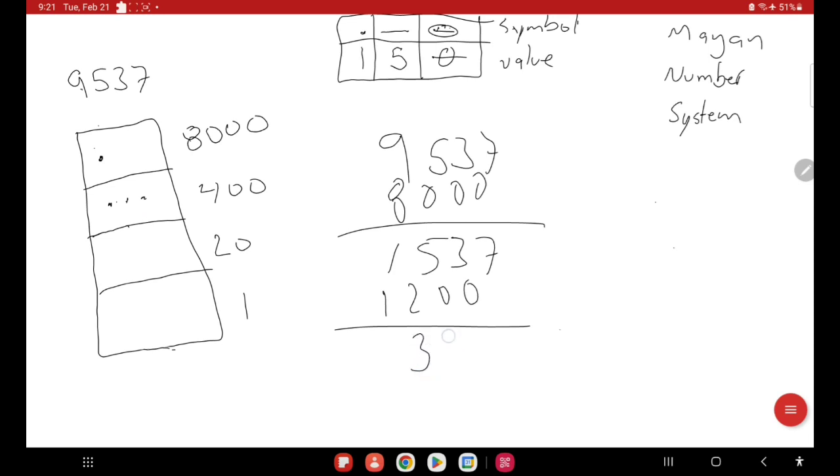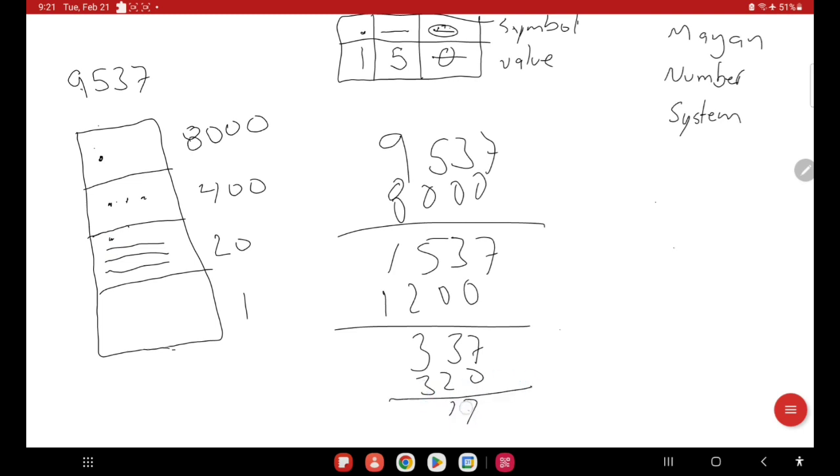The remainder is 337. We're going to try to figure out how many times 20 goes into 337. And that would be 5, 10, 15, 16 for 320. To write the 16, we are writing a line, 5, another line, 10, another line, 15, and then 16 for 320.